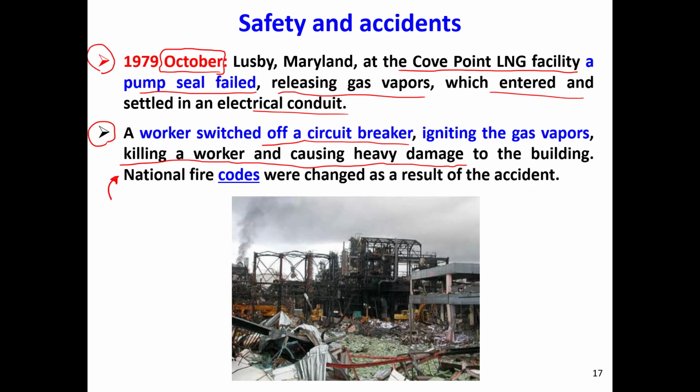So he could have managed not to touch any electrical switch and so on. That's why they updated all the codes afterwards.